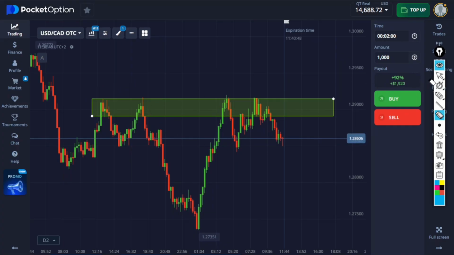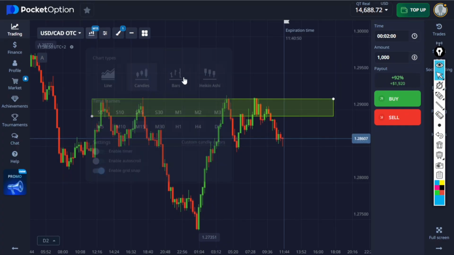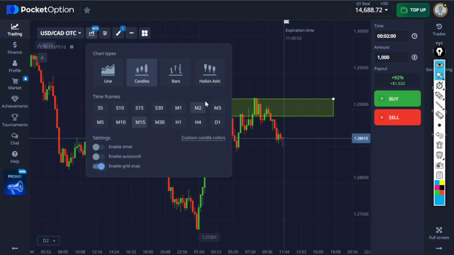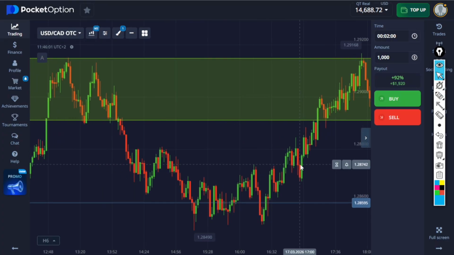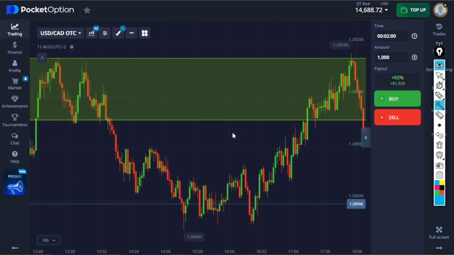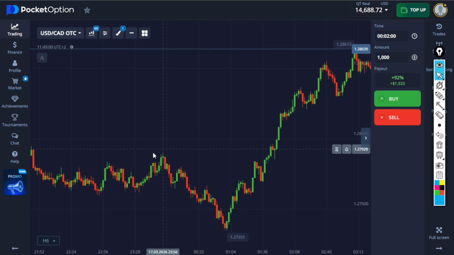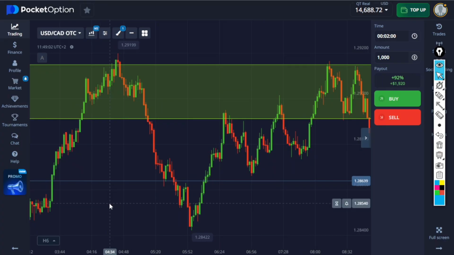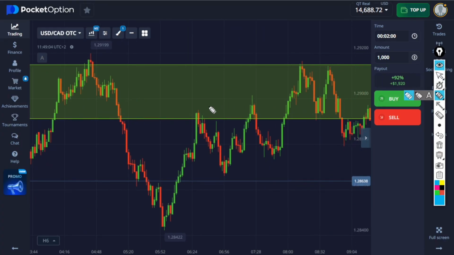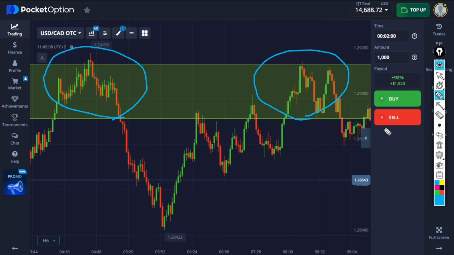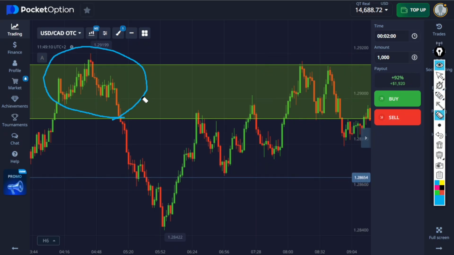So what we're going to do now is jump over to the 2-minute time frame to look for potential selling opportunities. Right, so this was the first and second bounce off the resistance zone, initially forming it. And right here we have the 3rd and 4th retest of this resistance zone. So we can use these two areas to look for sells.